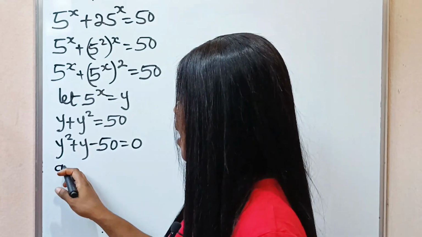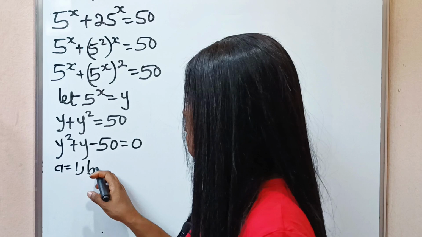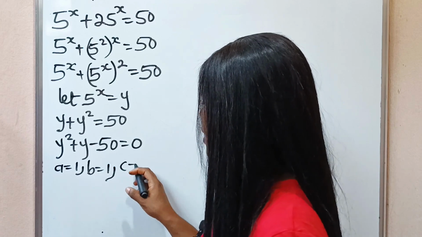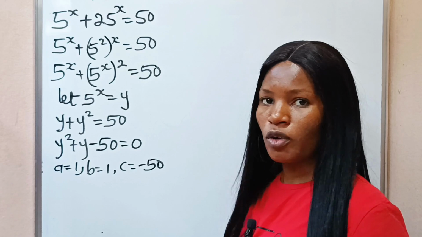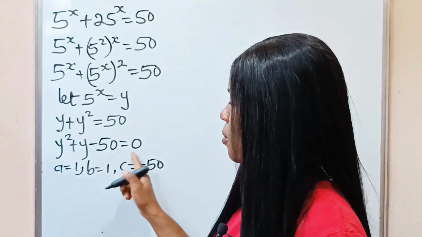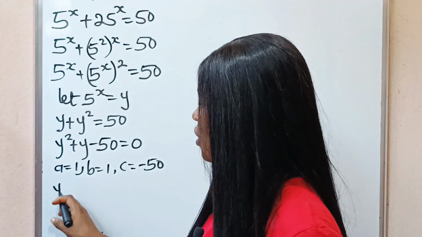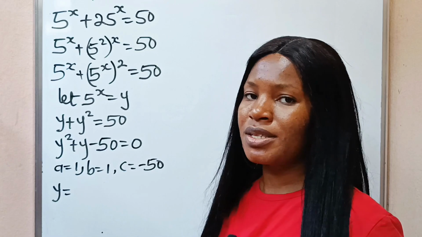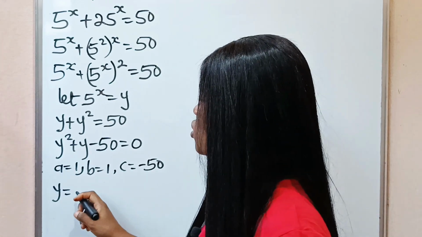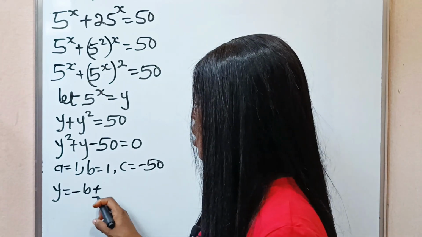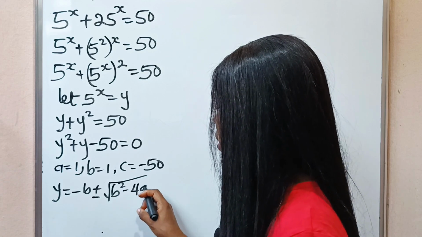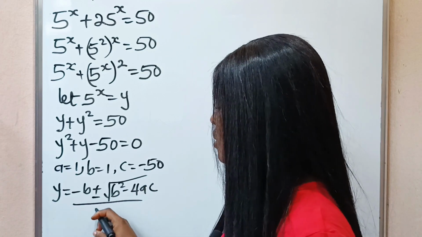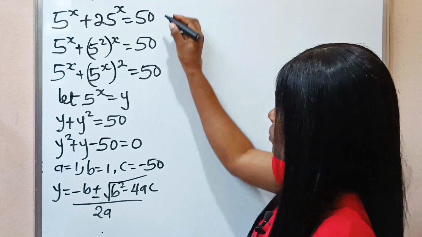So from here, our a is equal to 1, our b is equal to 1, and our c is equal to minus 50. Okay, so if we are looking for the value of y, the quadratic equation says that it is equal to minus b plus or minus square root of b squared minus 4ac, everything divided by 2a.